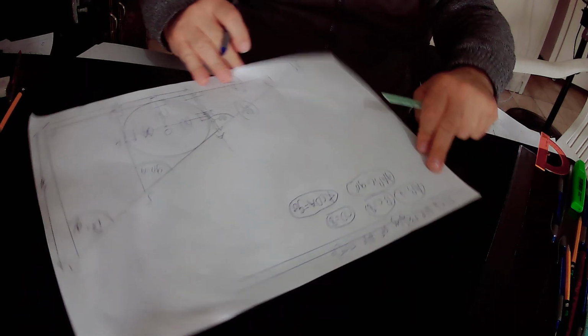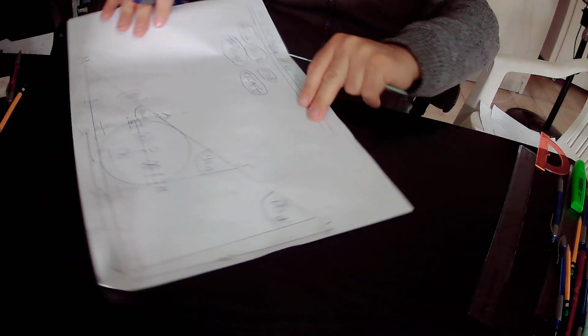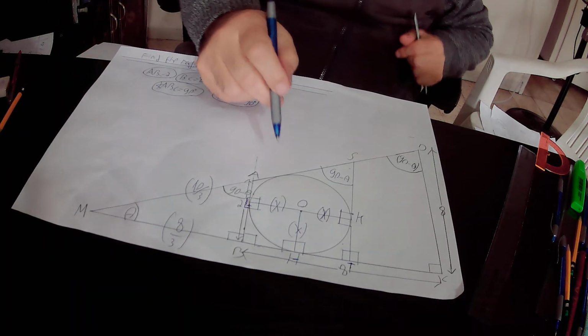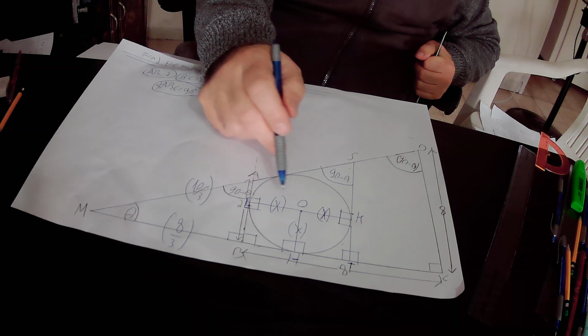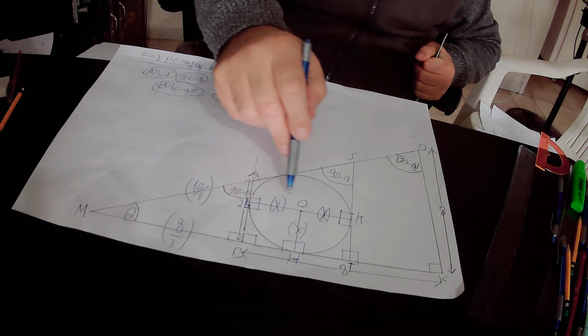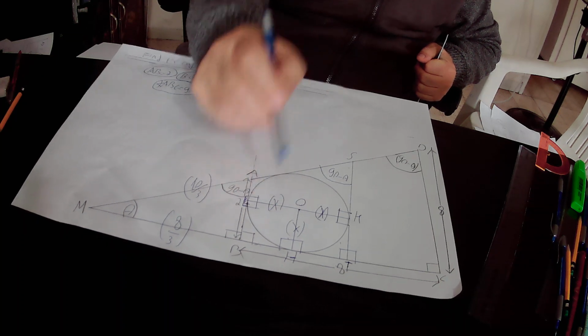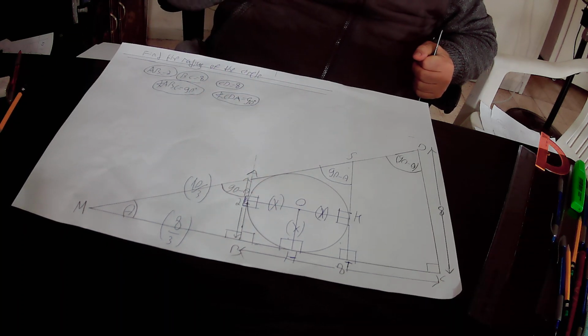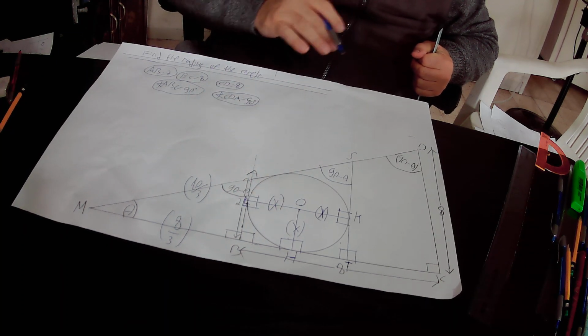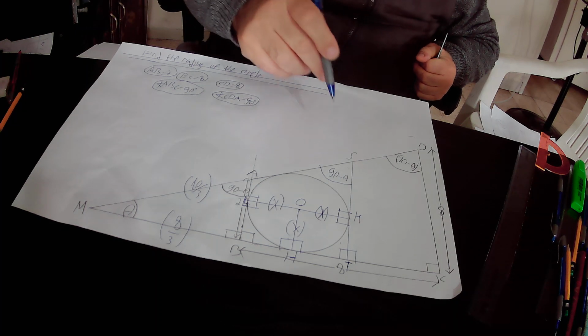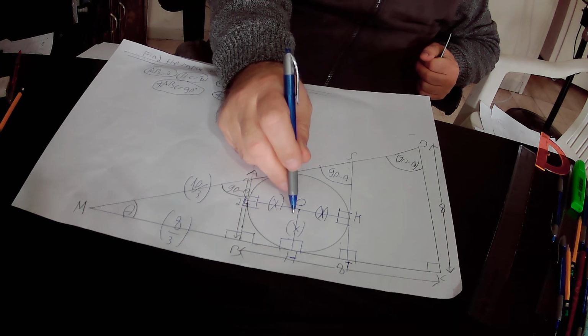In the next step, we'll focus on the small quadrilateral LOBH. In this small quadrilateral LOBH, we have 1, 2, 3 right angles. The sum of 3 right angles is 270 degrees plus the size of the fourth angle.